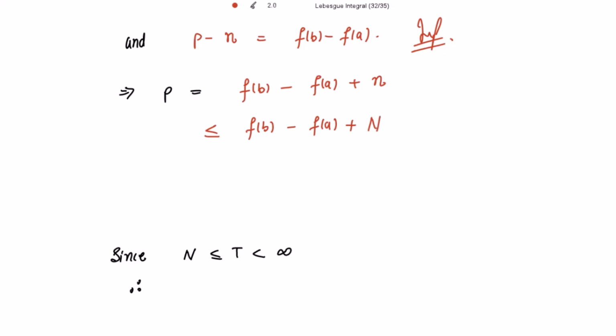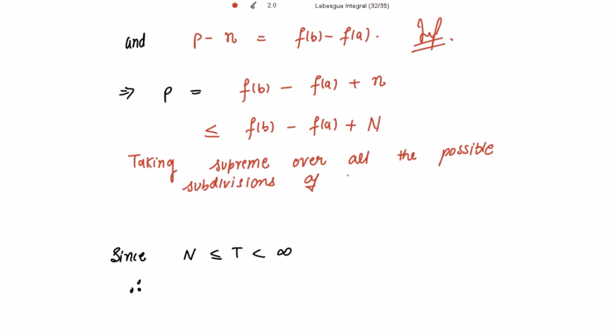And now if I take the supremum over all the possible subdivisions of closed interval [a, b], this small p will change into capital P, less than or equal to f(b) minus f(a) plus capital N.